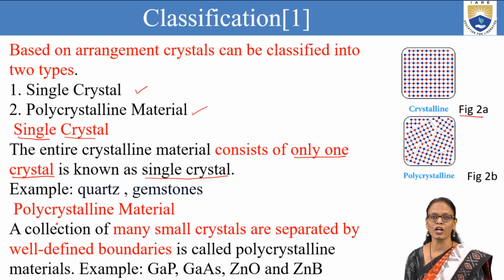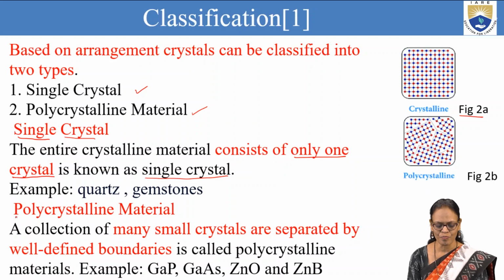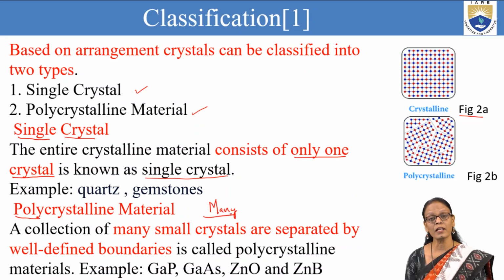Now coming to polycrystalline. Poly means many. In a polycrystalline material, we have many small crystals which are separated by well-defined boundaries. If you see figure 2b, this is polycrystalline. Polycrystalline means there are a number of crystals. The arrangement in this region is periodic.